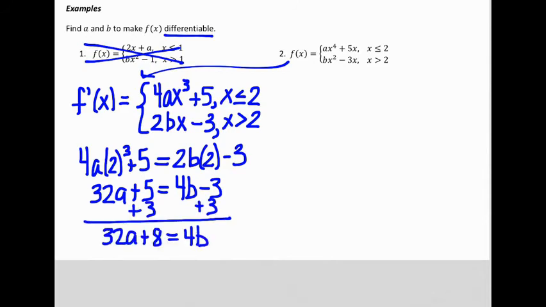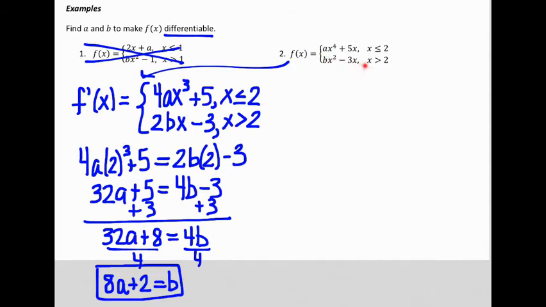So first I added over the 3. Now let's divide everybody by 4. And I haven't solved for b yet, but at least I have an expression for b. So remember, we're looking at this here. Let's go back to the idea that if it's differentiable, it must be continuous. And let's plug in 2 for x into the original equation.